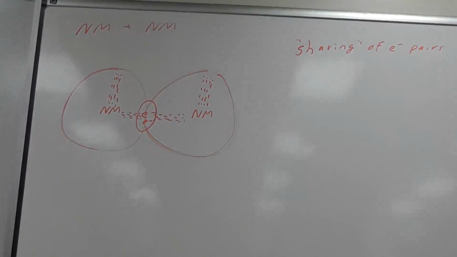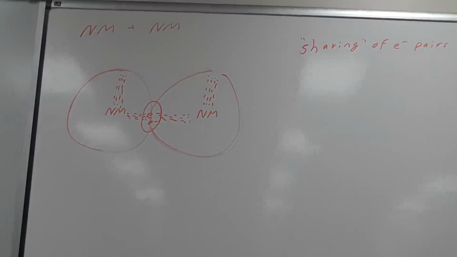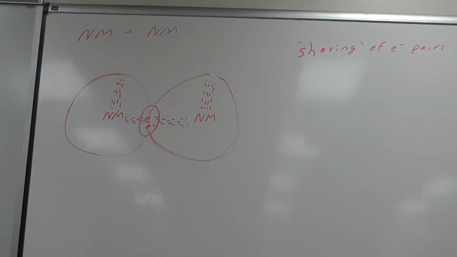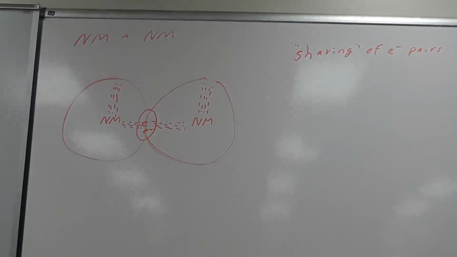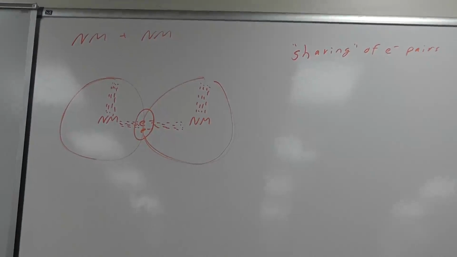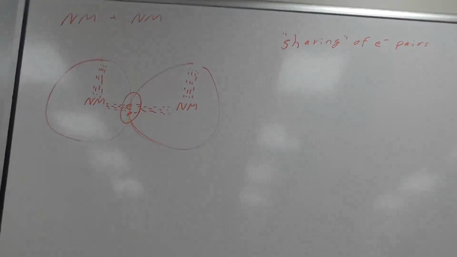You said that ionic is almost always a metal and a nonmetal, but can one of the nonmetals steal it for longer or something? Yeah, I mean, you still end up with the pair being shared.